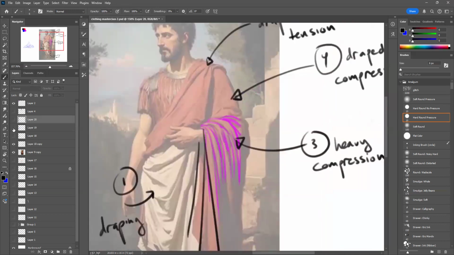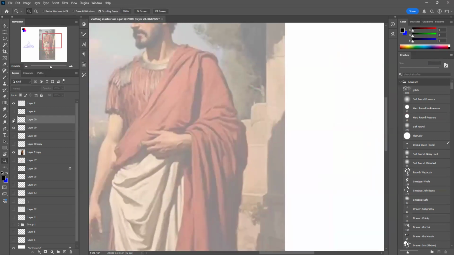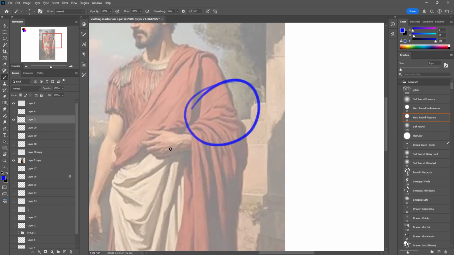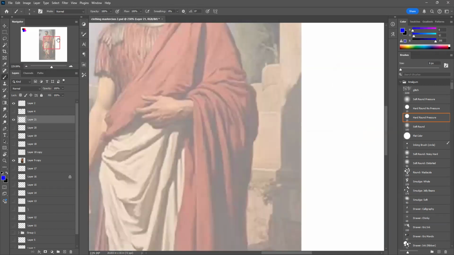As we go over to our reference here, you can see it happening, right here. See that? Creates that zigzag. If I were to draw that out, you can see this little pattern right here, his little folds.